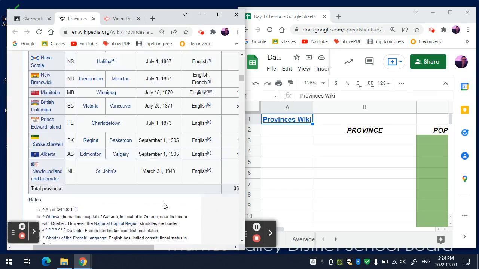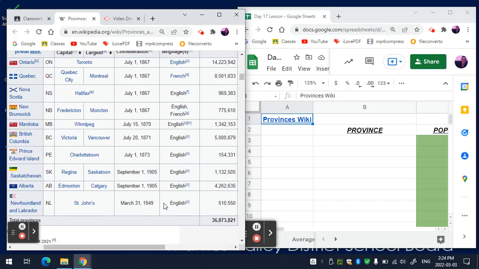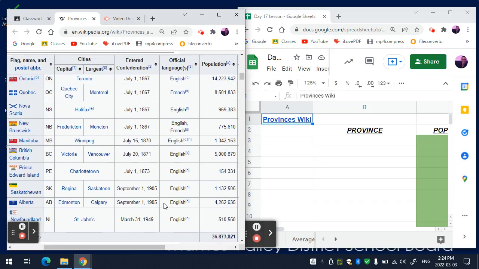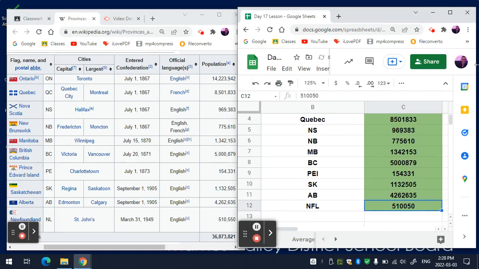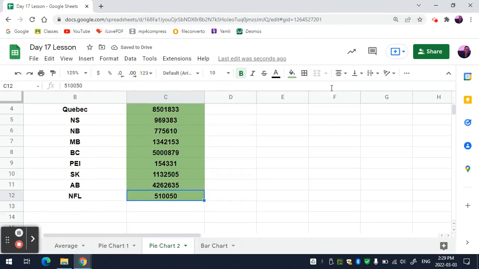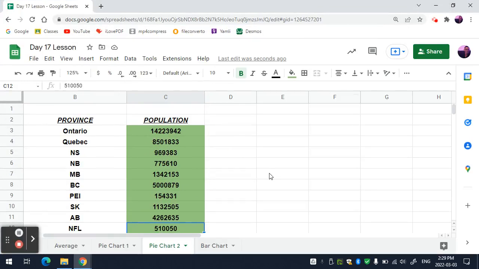Okay, there we go. Look how easy it is. Now I have the provinces and I have the numbers, and all I have to do now is just write each province and the number. Done. That's it. Everyone, that should be your list.